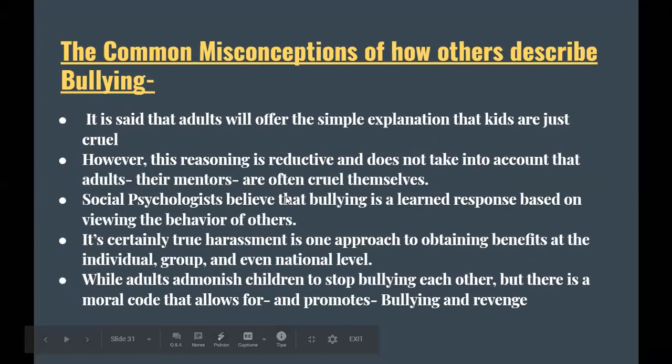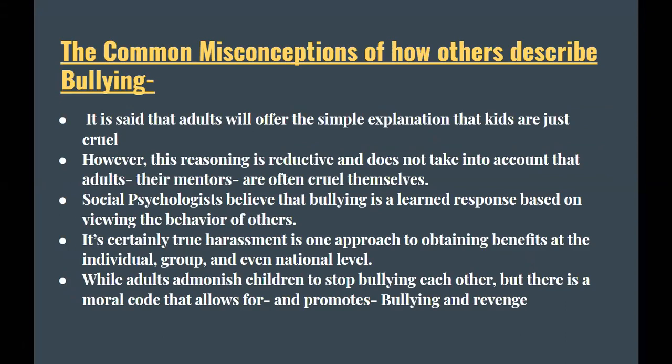So the common misconceptions of how others describe bullying is that most adults say, okay, kids are just cruel. When in reality, the reason we don't take account is that as adults, we're their mentors, and they're often cruel themselves, like the mentors are cruel themselves.